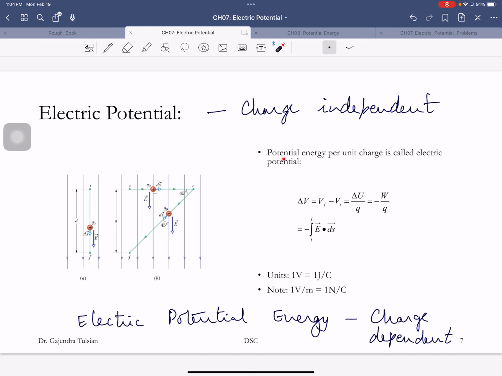So we define a potential energy per unit charge, called the electric potential, denoted by V. The change in electric potential is the change in potential energy divided by Q, so all the charge dependence falls out. This is the line integral of just the electric field, so it depends only on the electric field. The change in electric potential is the negative of this line integral.